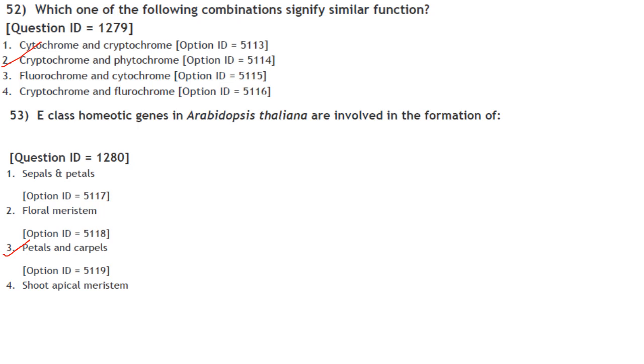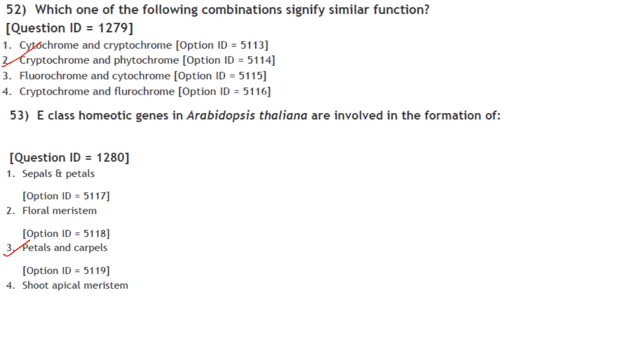Which one of the following combinations signifies similar function? Cryptochromes are a class of flavoproteins found in plants and animals that are sensitive to blue light. Then cytochromes are iron heme containing proteins with a central iron atom at their core, and they are involved in the electron transport chain.